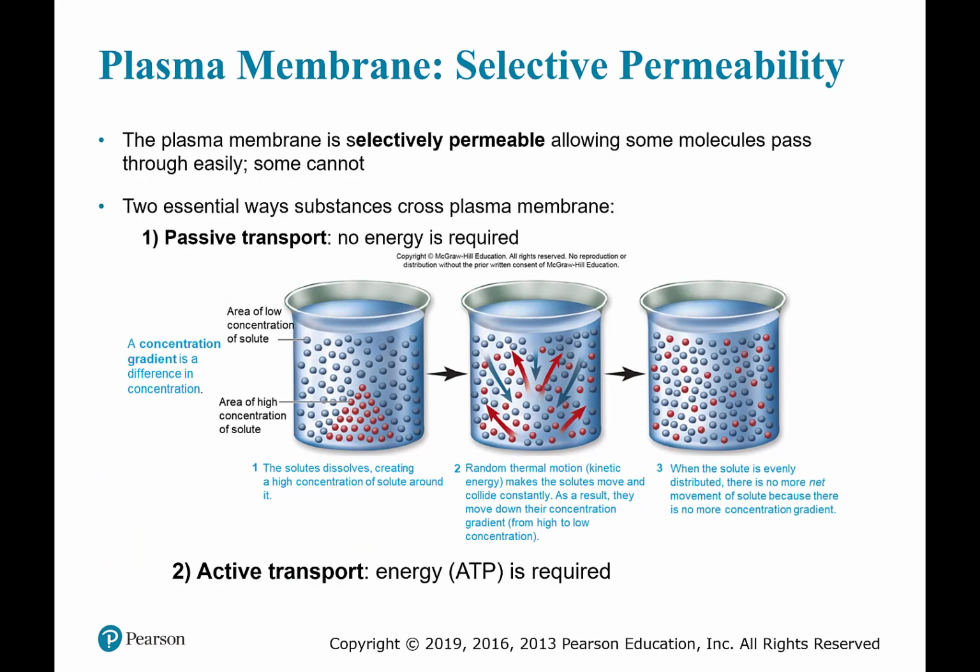Now, let's talk a bit more about selective permeability and how the cell controls what can come in and out. Things can come in and out of the cell passively or actively. Passive transport refers to things that can pass the plasma membrane without using any energy, moving from high concentration to low concentration.